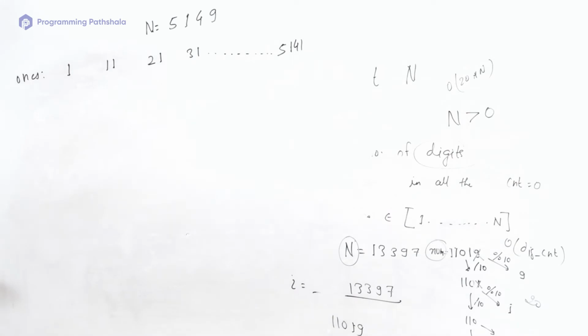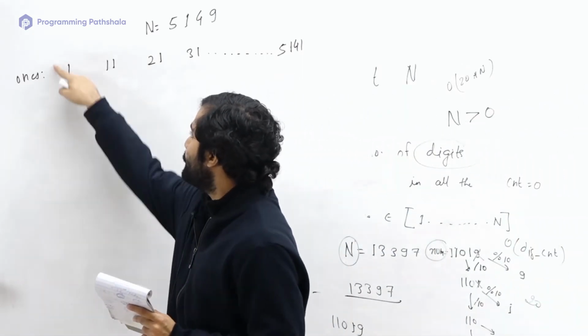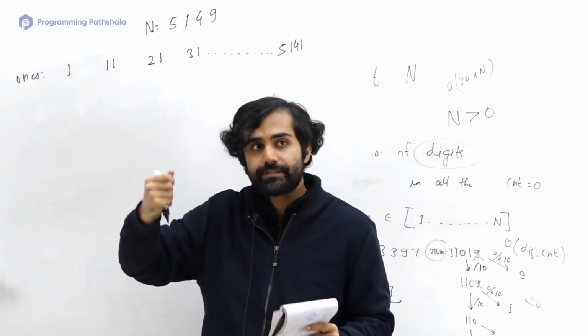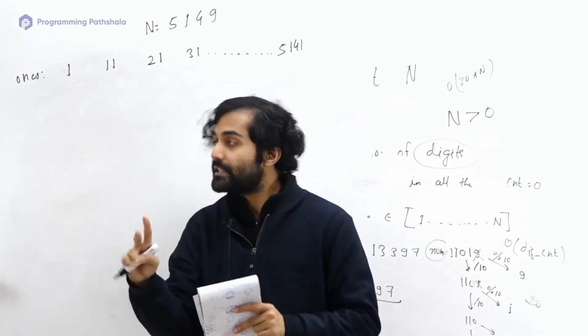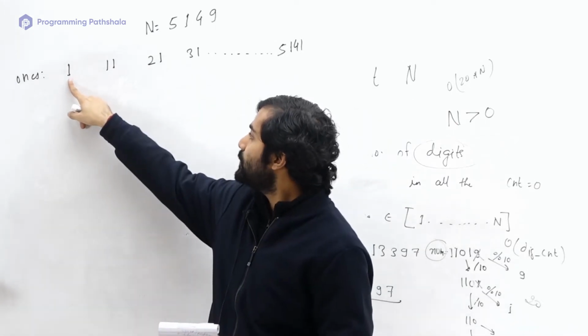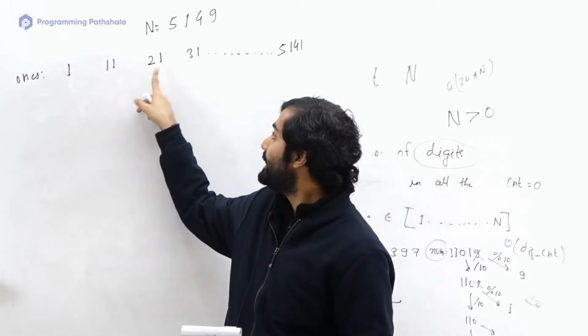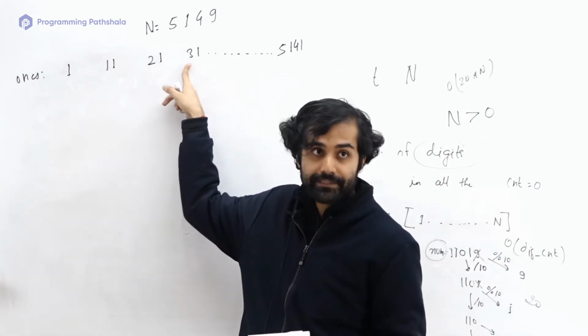Now guys, writing this was very easy because you fixed this digit to be 1. The smallest number that has 1 in its ones position is 1, and then you added 1 before it and got 11, then you added 2 before it and got 21, you added 3 before it, got 31.